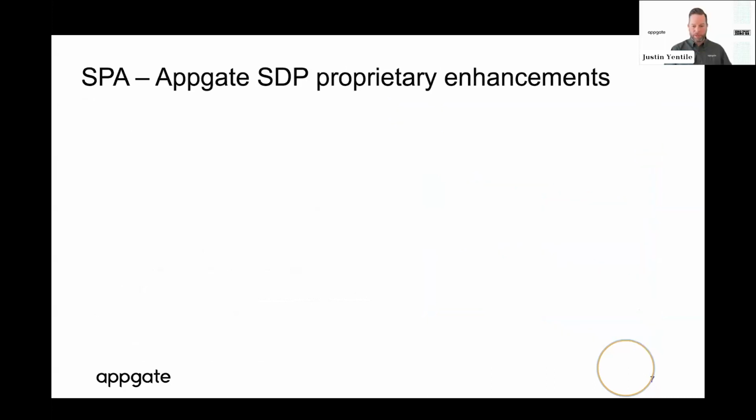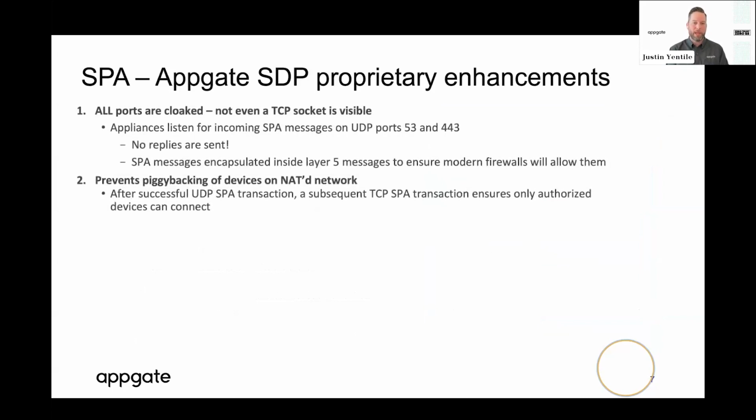Yeah, it's a great question. AppGate has taken and enhanced the single packet authorization concepts with some proprietary enhancements. First things first, all ports are cloaked, and not even a single TCP packet or socket would be visible. In AppGate's world, the appliances are listening for incoming messages on UDP ports 53 and 443.